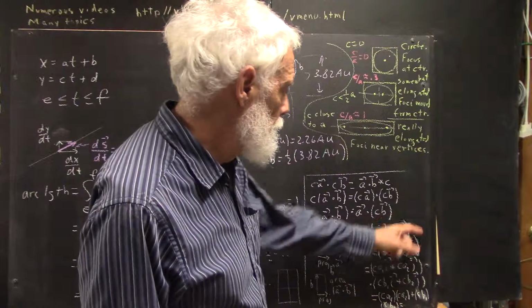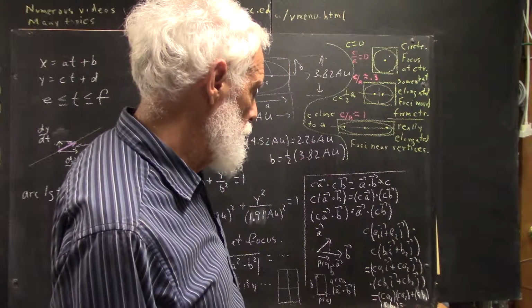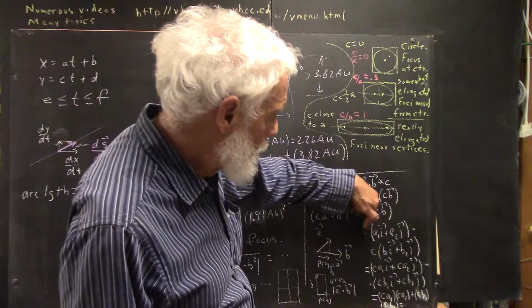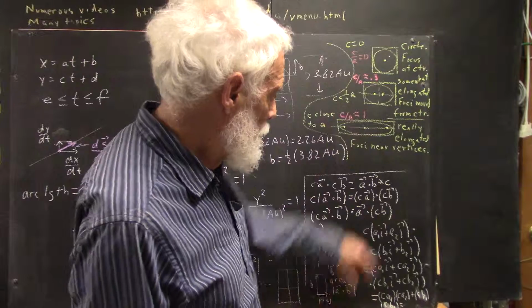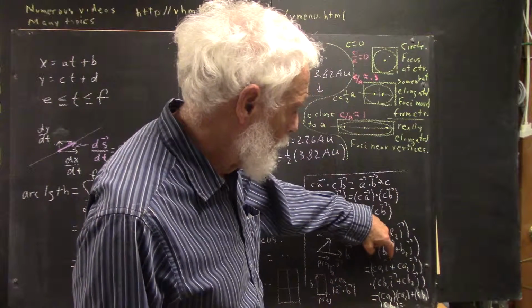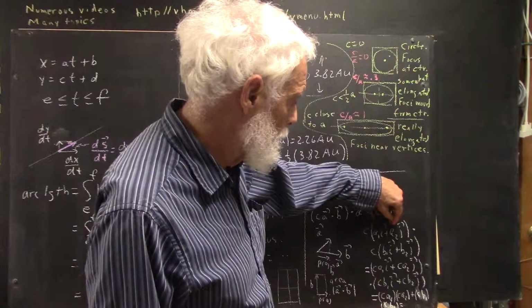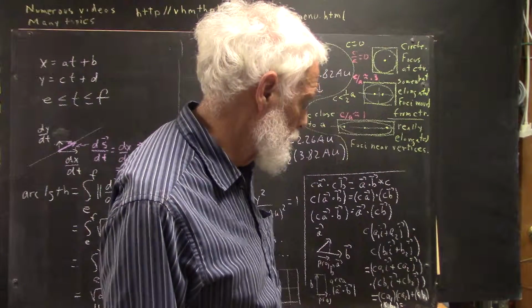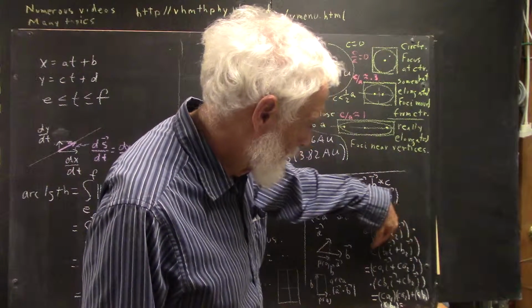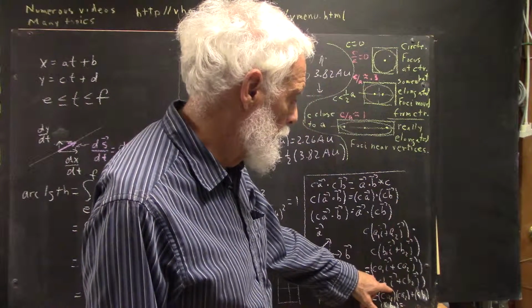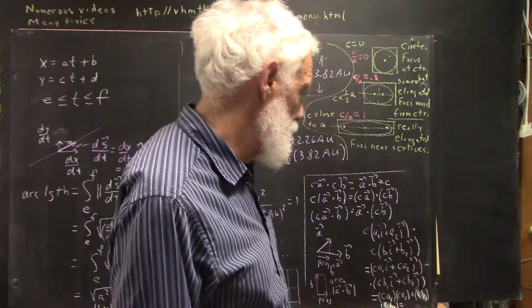If we dot this with this, well, we haven't done the dot product yet. First I'm going to distribute the C through here, and through here. So this is going to give me CA1 times the I vector plus CA2 times the J vector, and we're going to dot that with what we get when we distribute C through here. It's the CB1I plus CB2J vector.